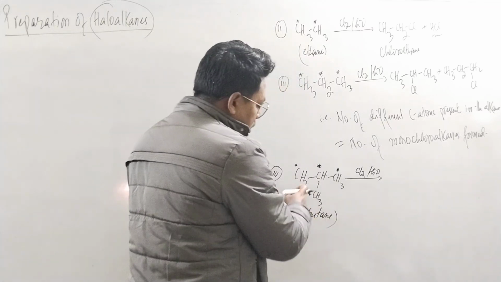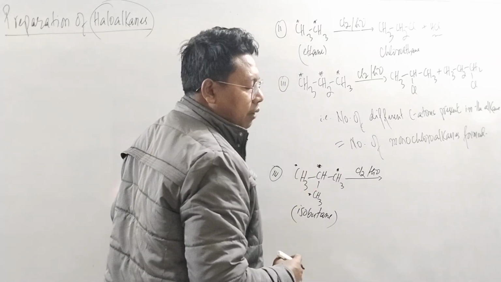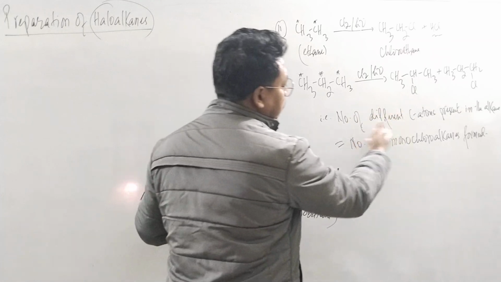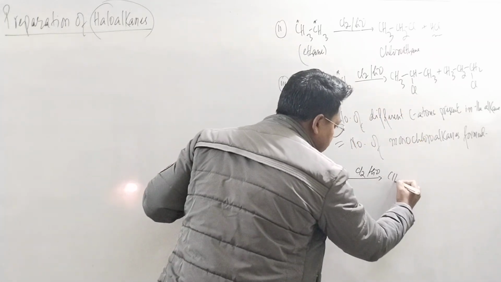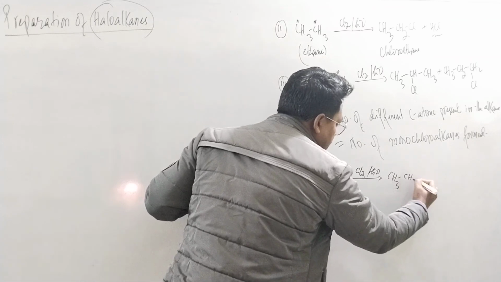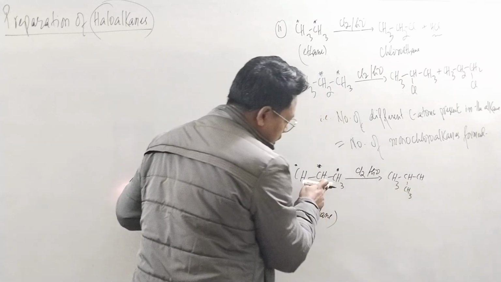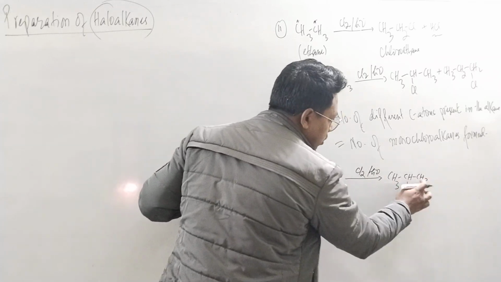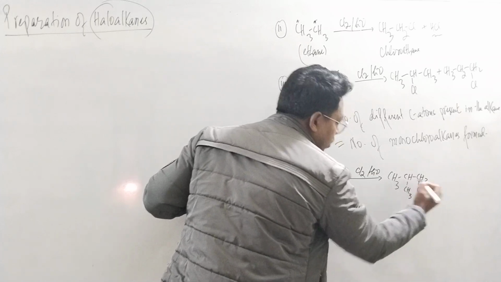Okay, now when chlorination is done, since we have 2 different carbon atoms, we will get 2 different monochloro products. So first of all, this is the product. Substitution is done to this carbon atom. CH3, CH2 is left, and one of the hydrogen will be displaced by chlorine.